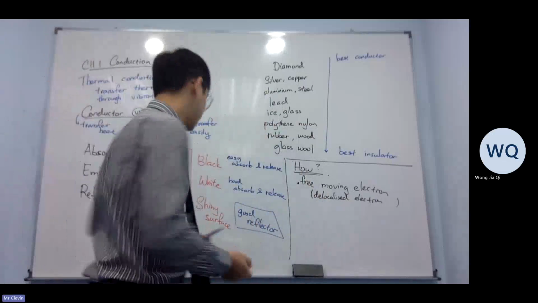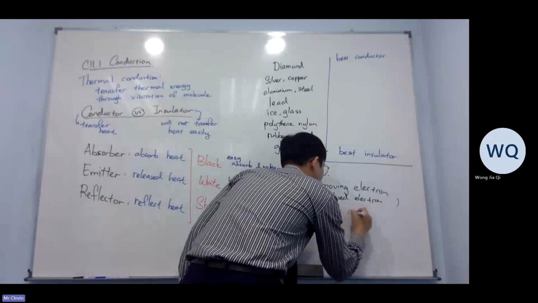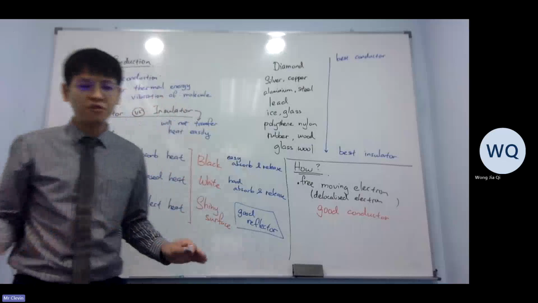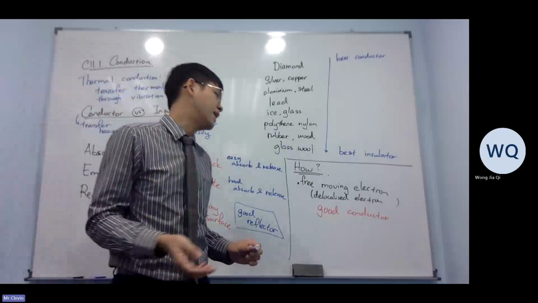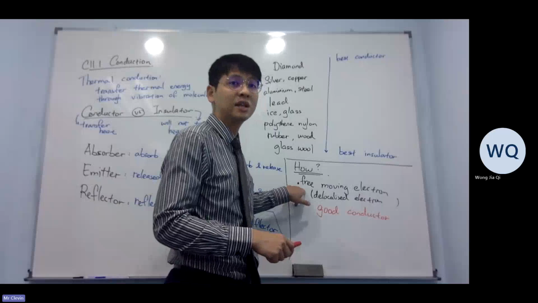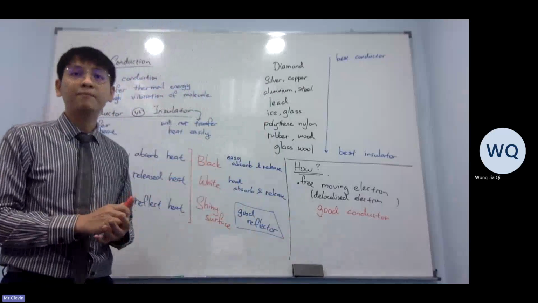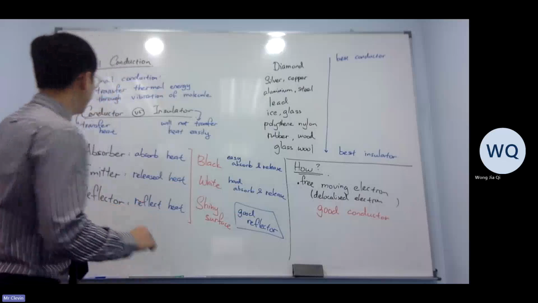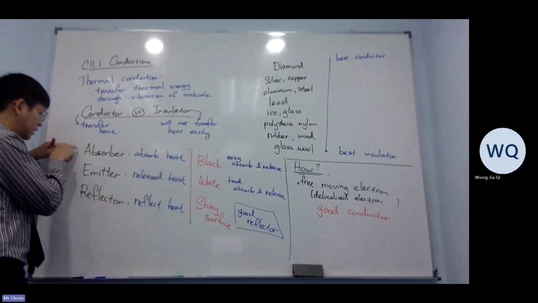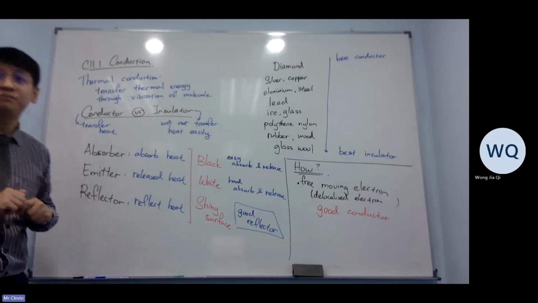Whenever there is a free moving electron, we can say that it is a good conductor. Whenever there is no free moving electron, we call it a worst conductor. So this is the key to conducting all the heat around. This will be the first part that we talk about, conduction. Of course, we'll look into details about these three components one by one as we progress.